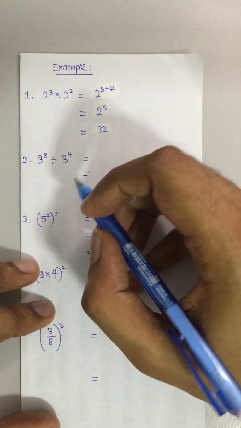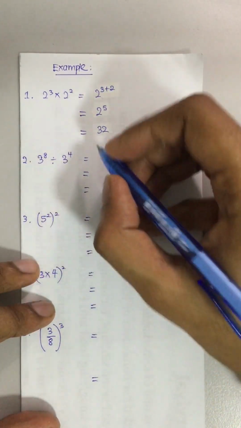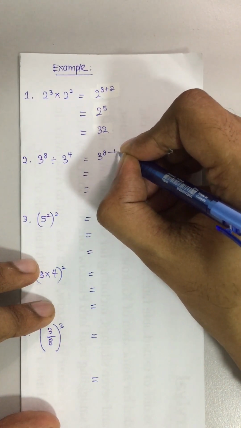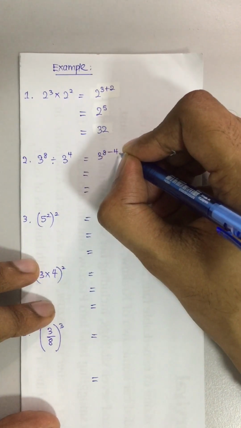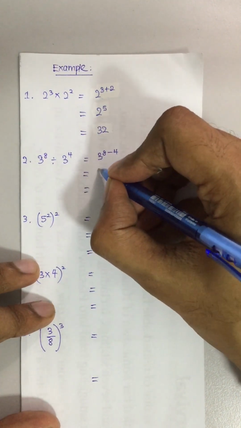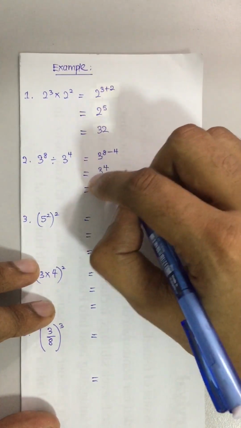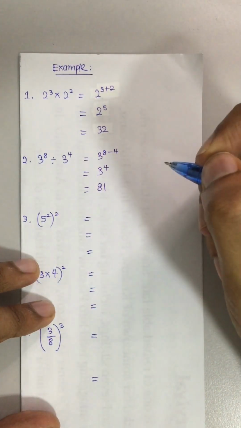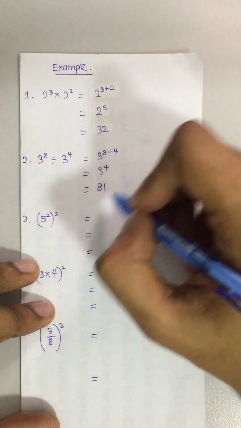Very simple, guys. Let me show you the working. 3 to the power of 8, you just have to minus the 4. 8 minus 4, so you get 3 to the power of 4. Your answer is 81. We are done with example 2.